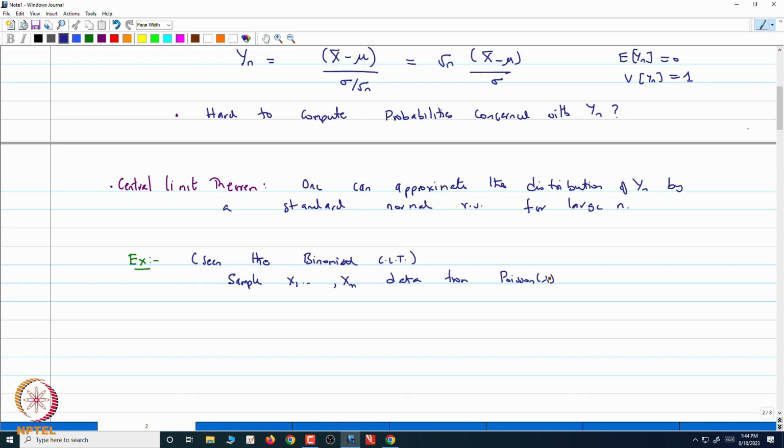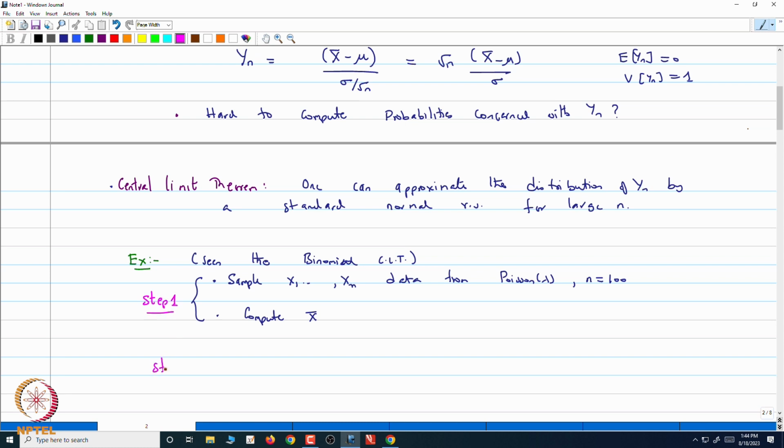Poisson lambda definitely has finite mean and finite variance. One could take, let's say, n equal to 100, 100 samples, and compute x bar. Then you repeat this step.